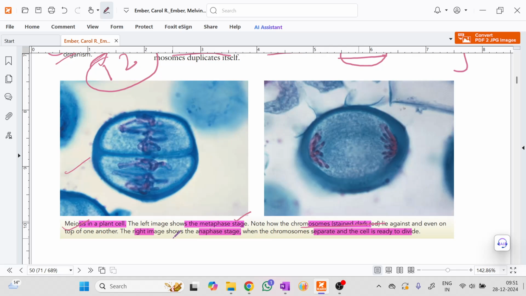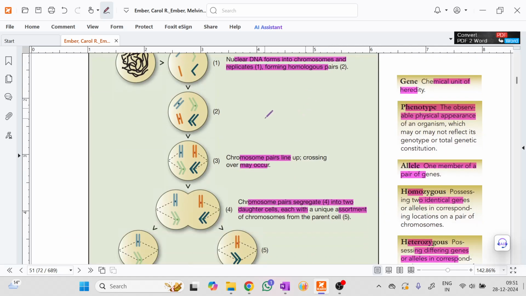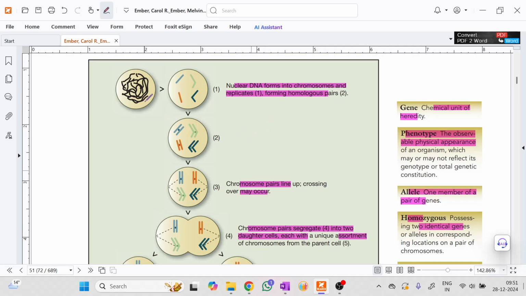As the division proceeds to its final stage, these chromosomes get separated and align themselves at the edges. Then when they are clearly aligned at the ends, this particular cell divides in half, and we have two new cells. This is how mitosis works.